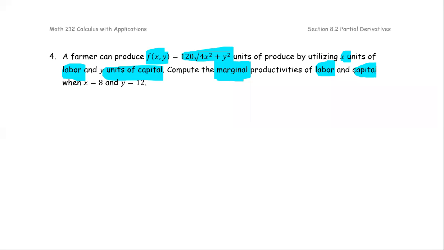So let's identify the pieces here. Marginal means the derivative.